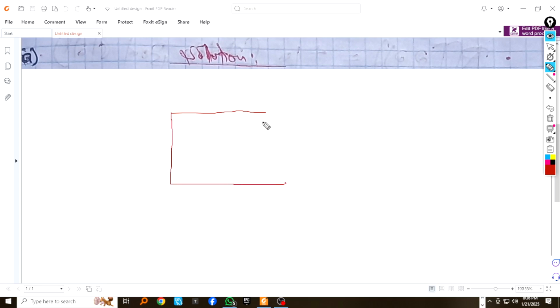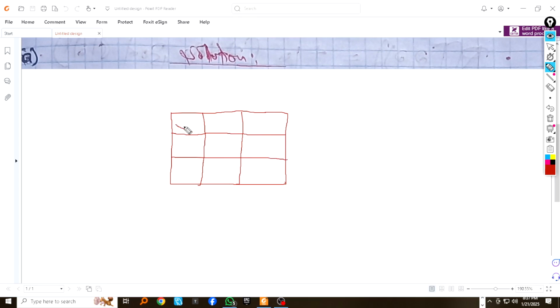Let's consider this is the grid. Yeah, it's a 3 by 3. So I'll solve this.